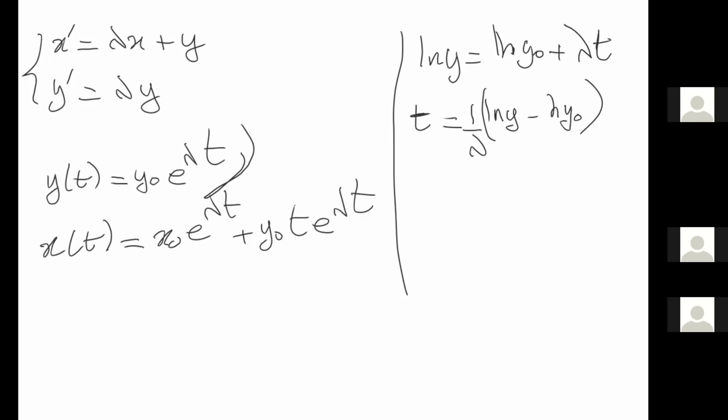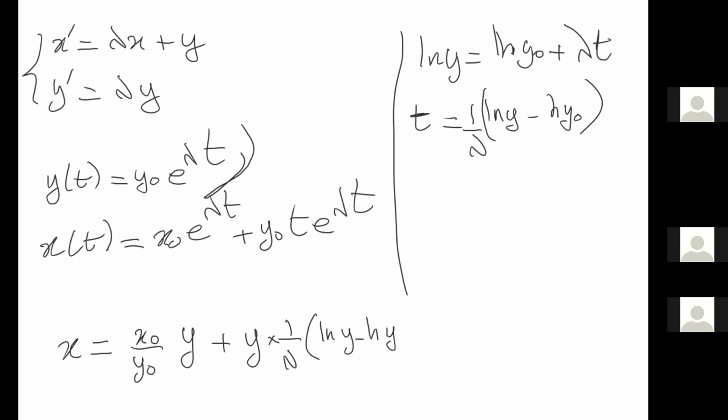And then I obtain that x equals x node divided by y node times y plus y times t, but t is 1 divided by lambda times log of y minus log of y node.